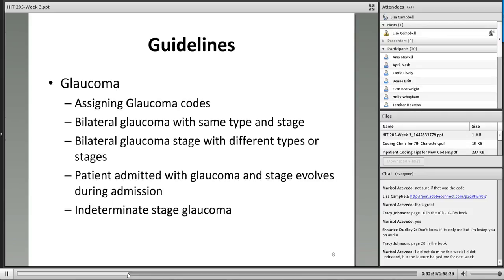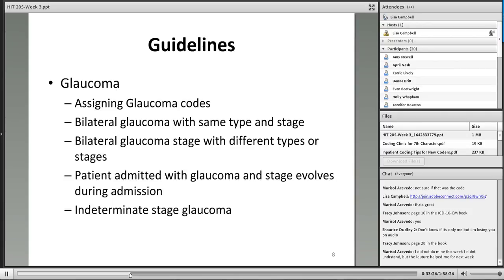All right, then we have guidelines for bilateral glaucoma with the same type and the same stage. So if they have bilateral glaucoma and both eyes are documented as being the same type and the same stage, and there is a code for bilateral, you only need to report that one code with a 7th character for the stage.